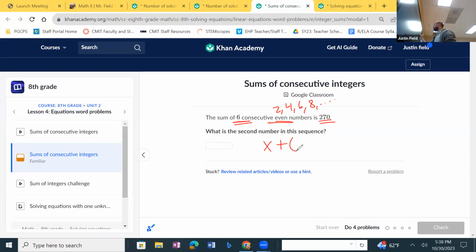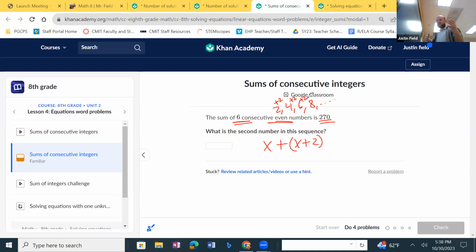So the next integer would have to be X plus 2, because X plus 1 would be the very next number. X plus 2 is 2 numbers later, which is the next even number. Notice to get from 2 to 4, you have to add 2. To get from 4 to 6, you have to add 2. To get from 6 to 8, you have to add 2.